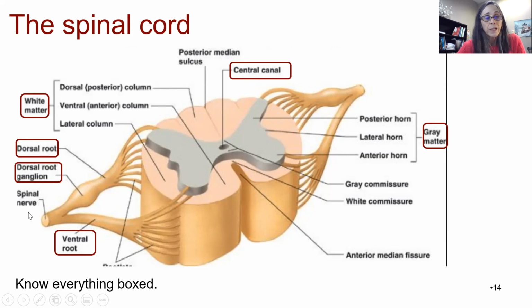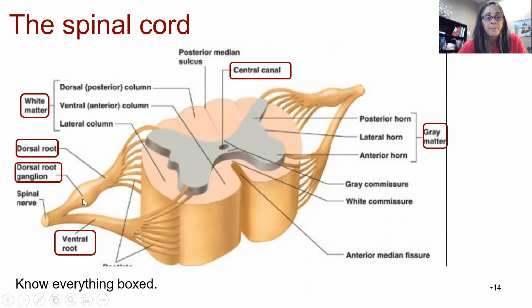Now, if you're looking at it on one of the lateral sides, you'll see that you have nerve roots that merge together and enter the spinal cord at the posterior horn, okay? So you have here these nerves, because they're bundles of neurons.